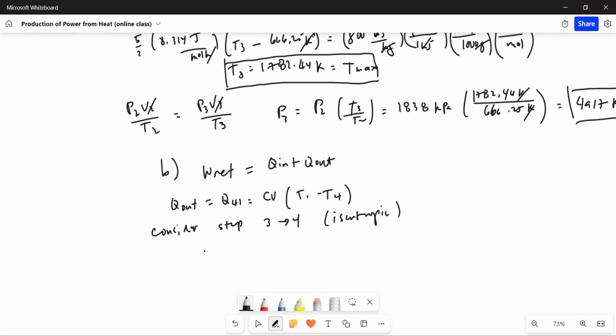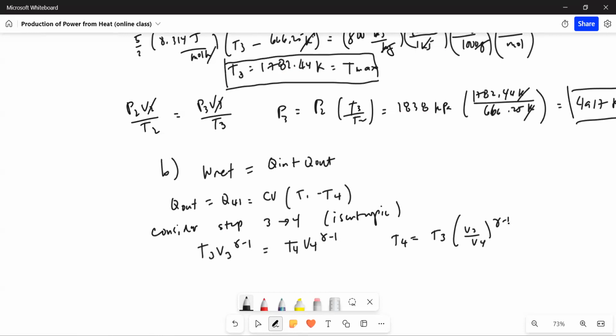We can make use of the equation T3 V3 raised to gamma minus 1 equal to T4 V4 raised to gamma minus 1. Rearranging the equation by isolating T4, this is simply T3 times V3 over V4 raised to gamma minus 1.